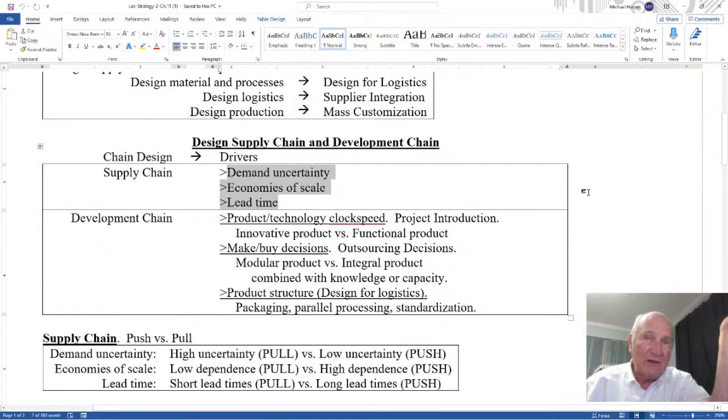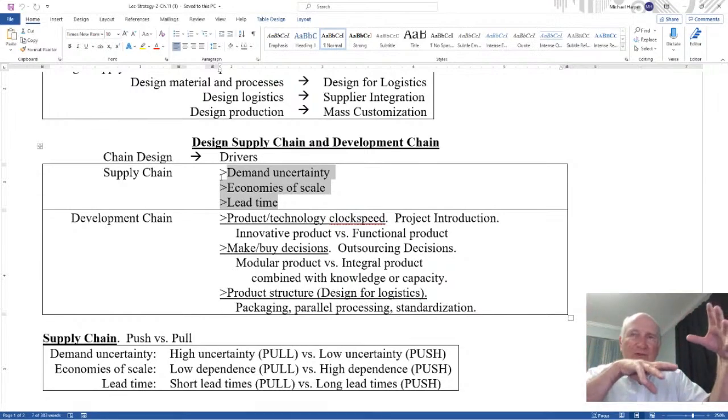We've just seen that in the last chapter, the last series of lecture slides. Development chain, now moving away from the supply chain to the development chain. How is the actual product developed? This is combining the design of your supply chain with the design of your development chain, your product. It's matching the product with the supply chain.